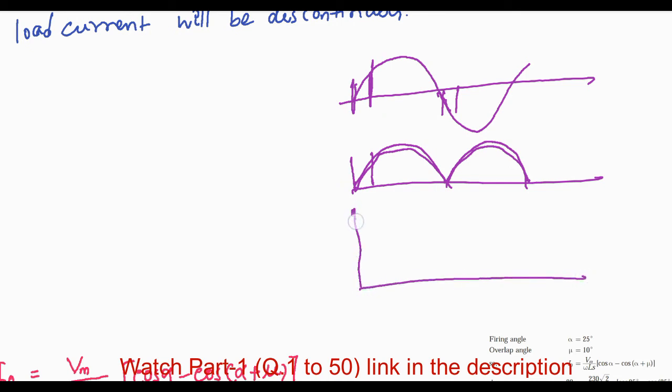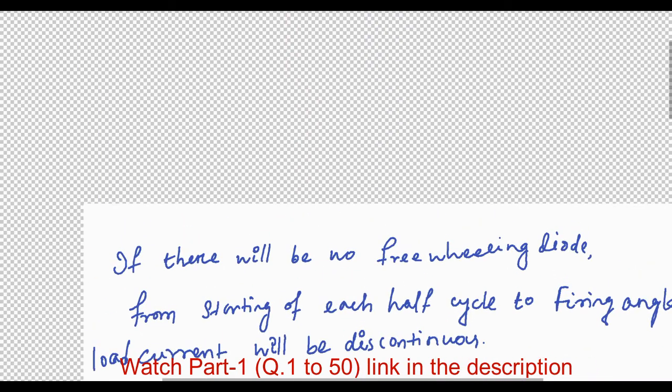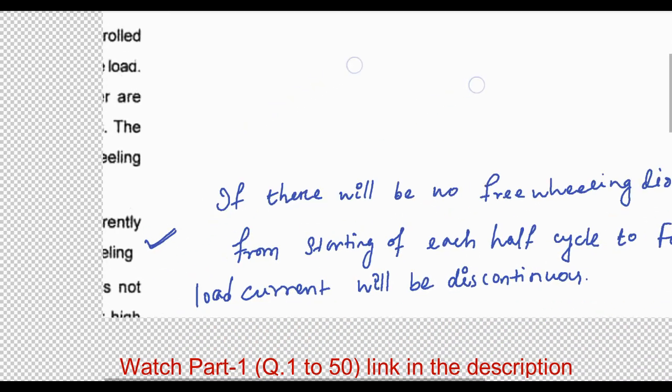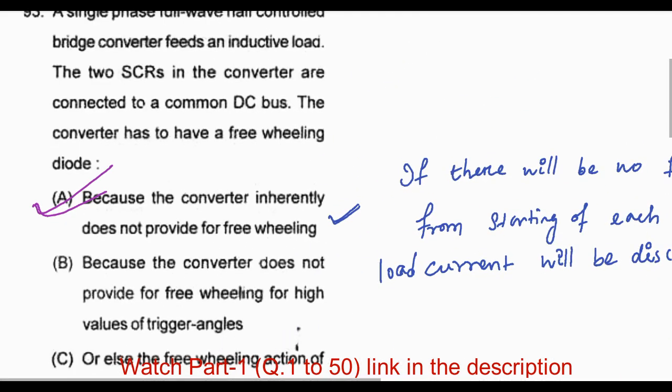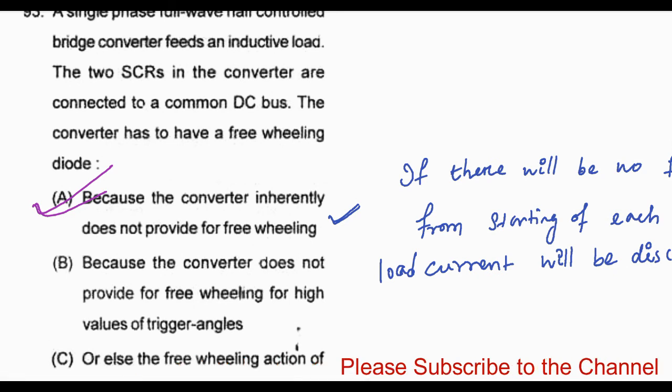For controlled, from the starting to this point, suppose this is alpha, there will be no conduction in case of current. So to maintain continuous current, we generally use the freewheeling diode, and not allow the inductor current to flow through the supply.